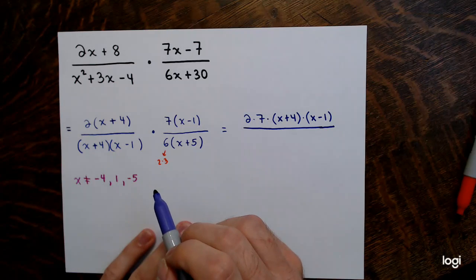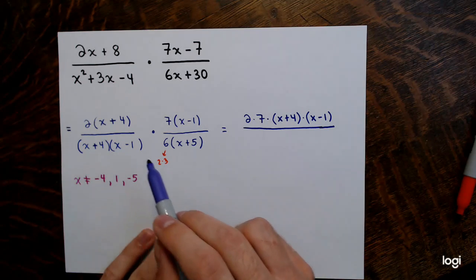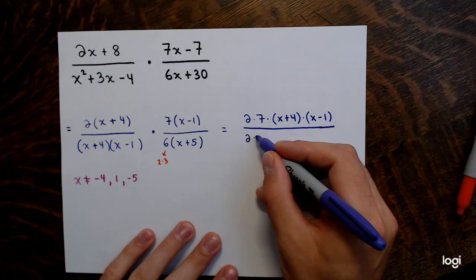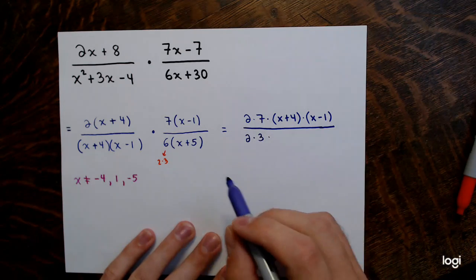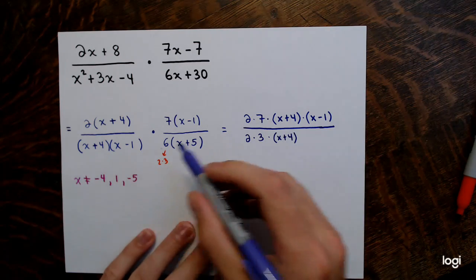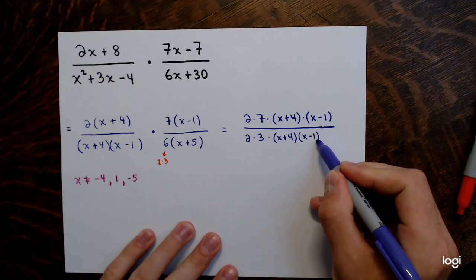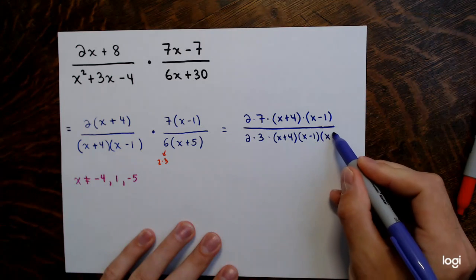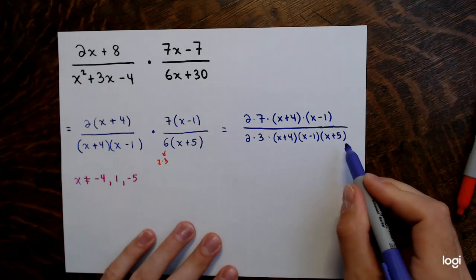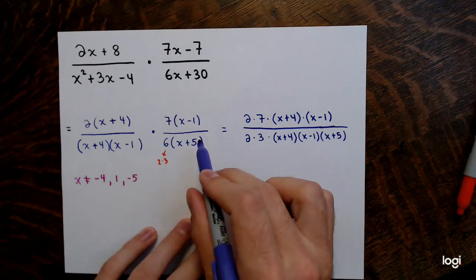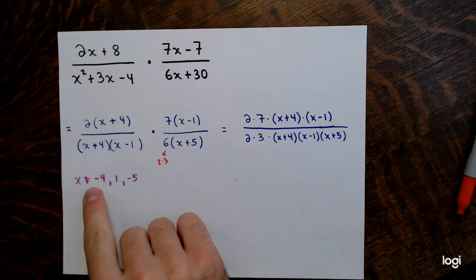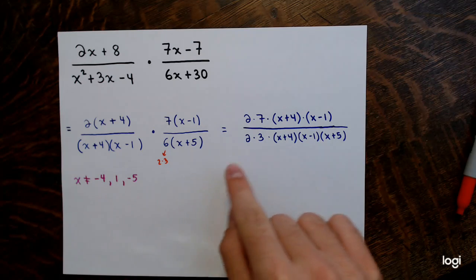The product of these two numerators, and then the denominator has these factors of 2 and 3. Right, the 6 I broke down to 2 and 3. Right, that's 2 times 3. And then there's the x plus 4 factor, the x minus 1 factor, and the x plus 5 factor. Alright, so this big multiplication down here, that is the new denominator, right, when I multiply these two denominators. Alright, and again, remember that x cannot be one of these 3 numbers.